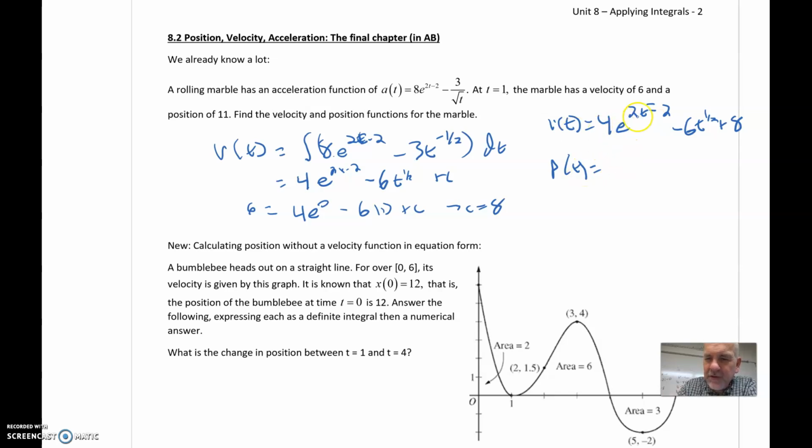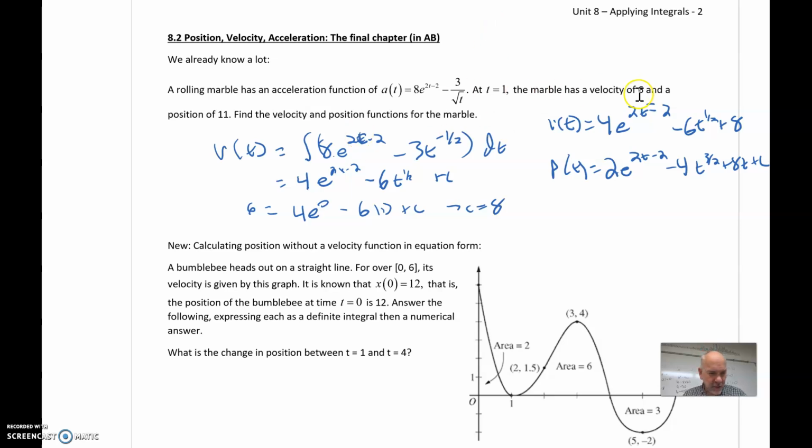The position is going to be 2e^(2t-2). Take the derivative and see that it works. And that's t to the 3/2 now, so I have to put a 2/3 in front, 12 over 3, so that's 4, minus 4t^(3/2), plus 8t plus another constant. You could mark that as c2 if you want.